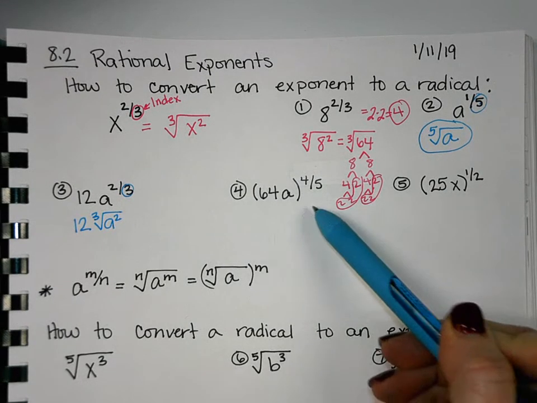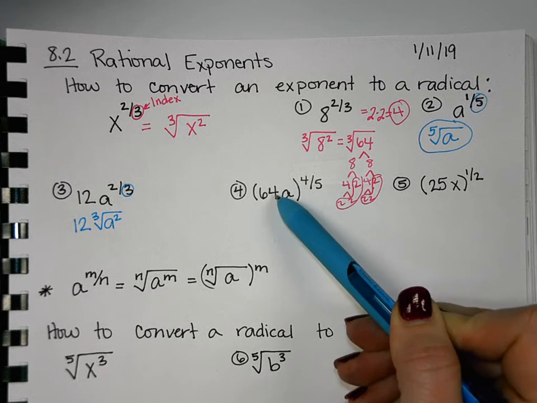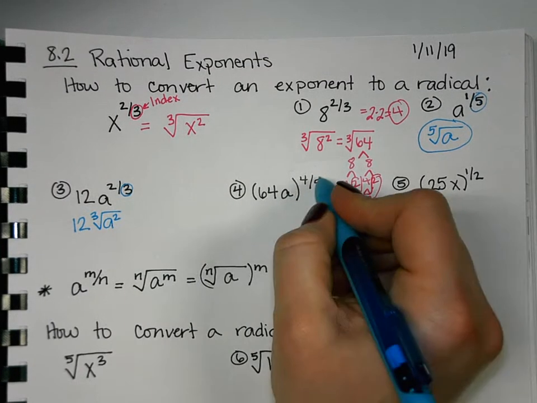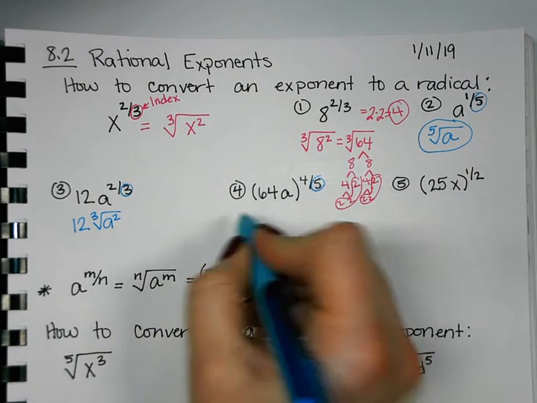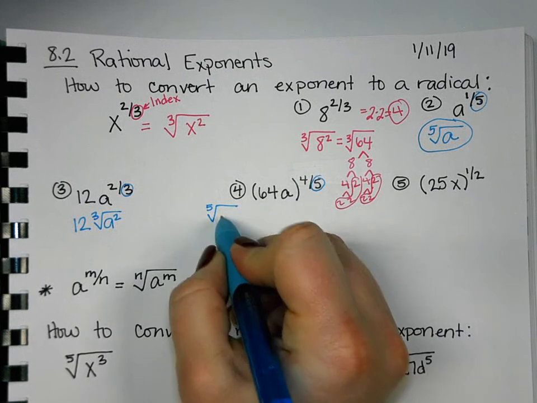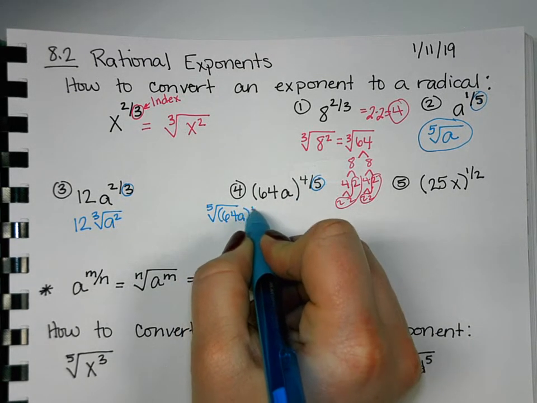Now on number 4, because it's in parentheses, does that 4/5 go to both of them or just one of them? It goes to both. So this 5 here will go into the index, and inside we'll have 64a to the 4th.